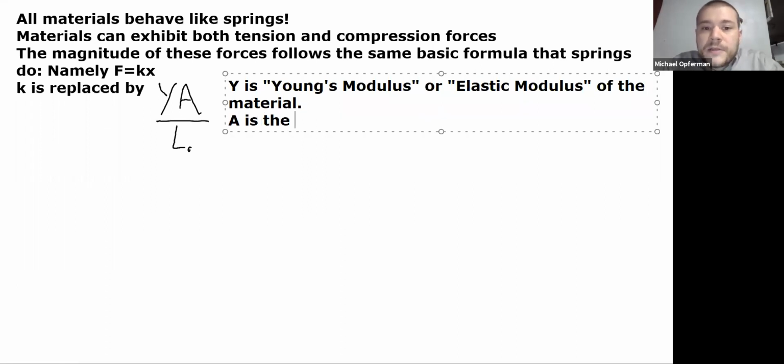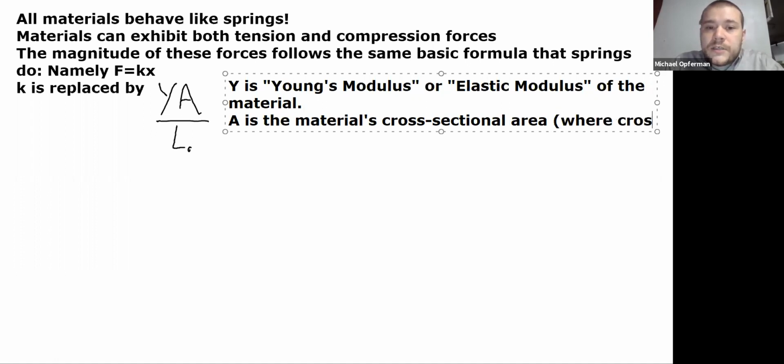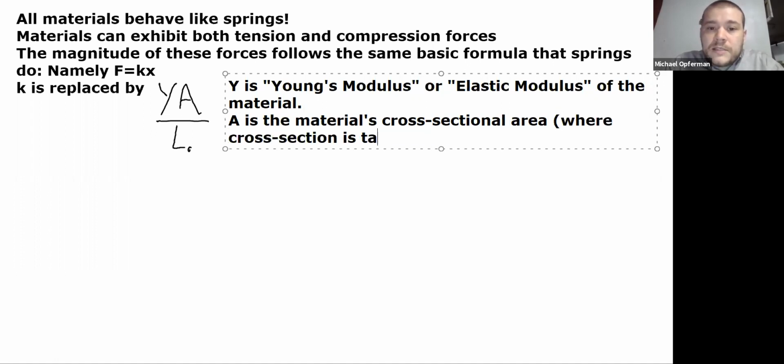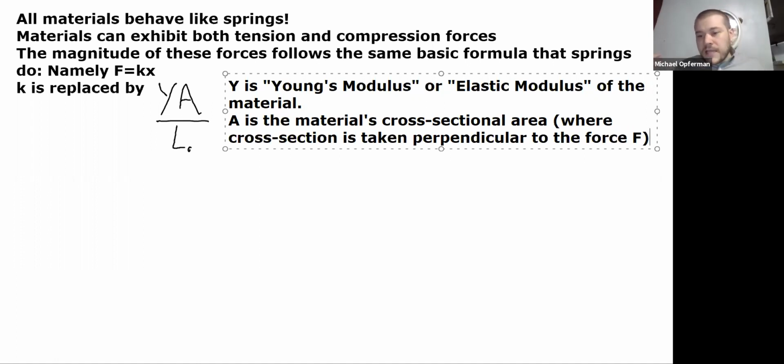A is the material's cross-sectional area, where the cross-section is taken perpendicular to the force F. So in other words, like in my example, imagine you take a steel rod and you try to stretch it out.